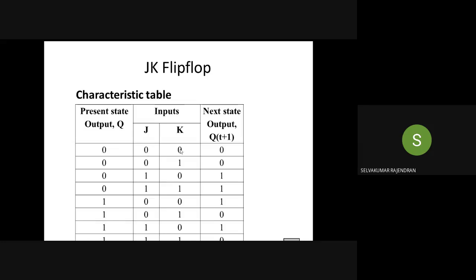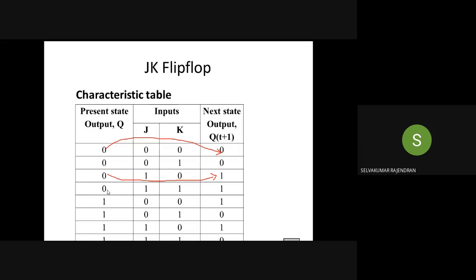That means memory state, so the output of the JK flip-flop follows the present state output Q. Then JK applied with 0, 1 is the reset condition; present state is 0, so the next state is also 0. For 1, 0, set condition, present state output is 0 but the next state value is 1, because J equal to 1.